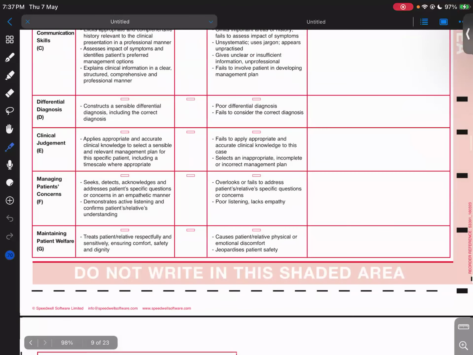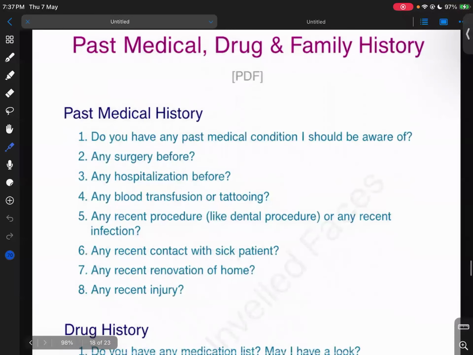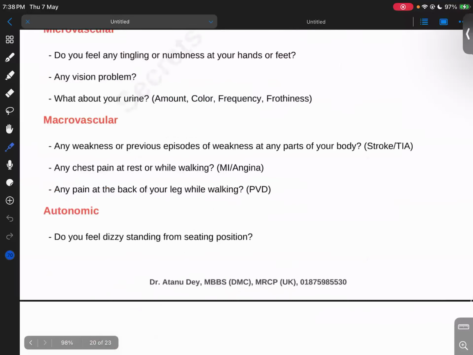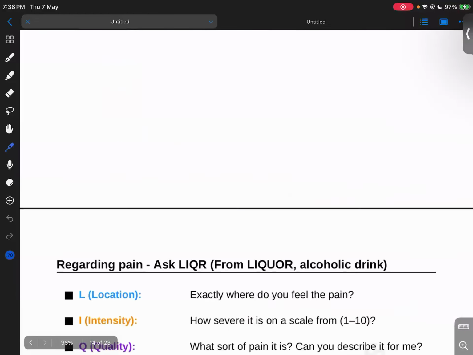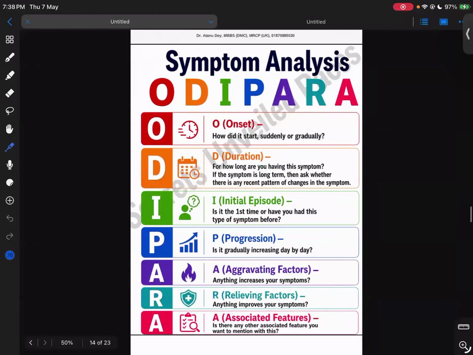All of these have been discussed in our first session. All of the registered candidates have already got the PDF. How to ask them is already written in that PDF.